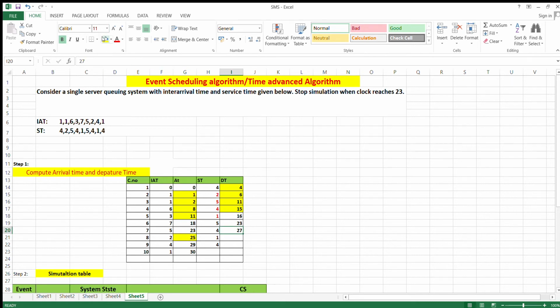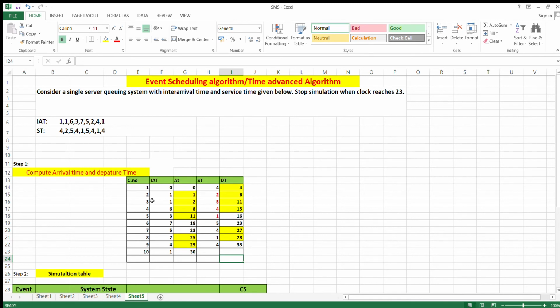Out of these two, maximum is 27. 27 plus 1, 28. Departure is 28, next arrival was 29. Maximum is 29 plus 4, 33. We are not working with the last customer.